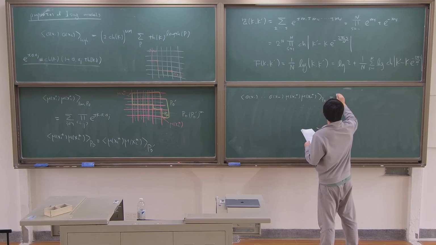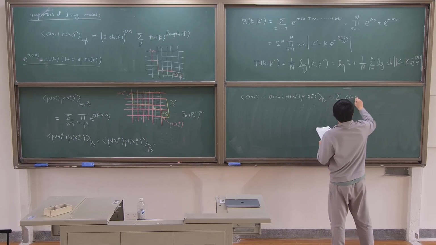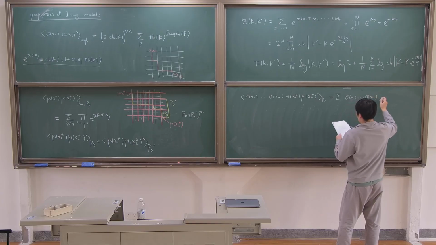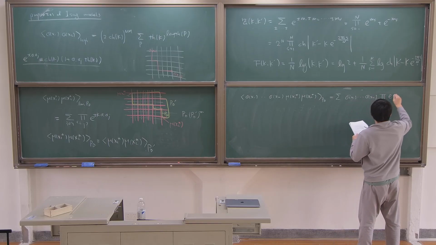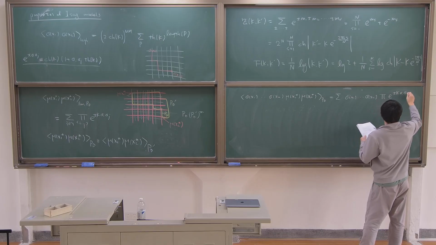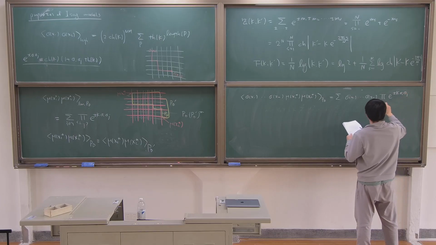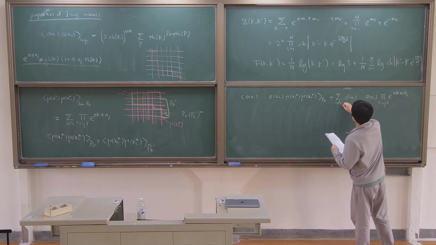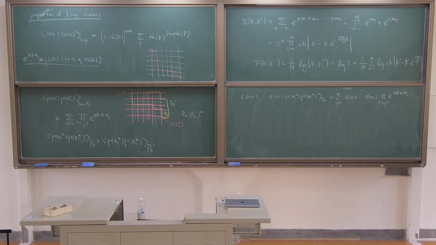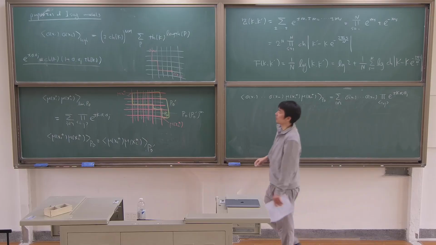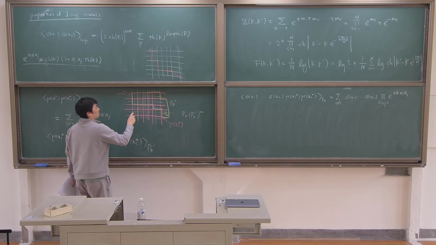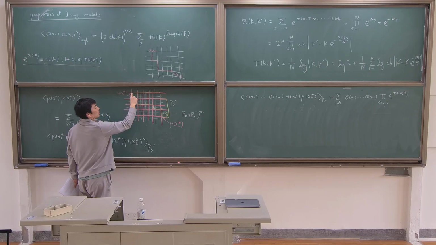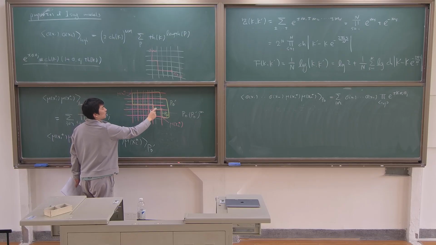So this is the sum over σ, product of e to the plus or minus k σ_i σ_j, where i, j are adjacent, and of course this minus sign is only when the two adjacent sites intersect with the path.